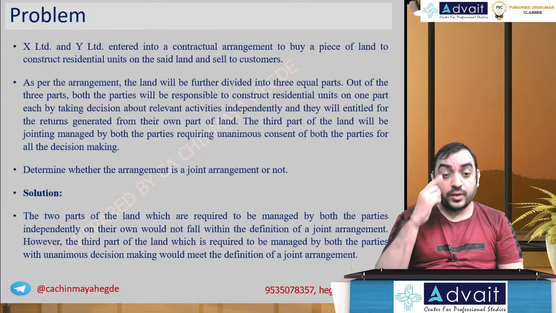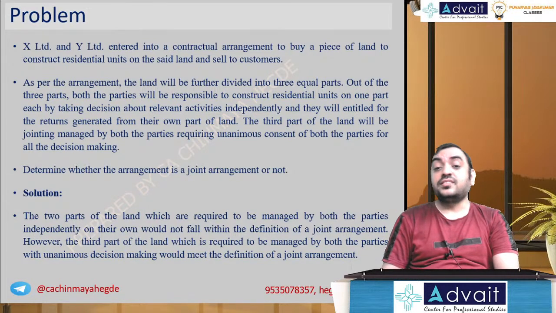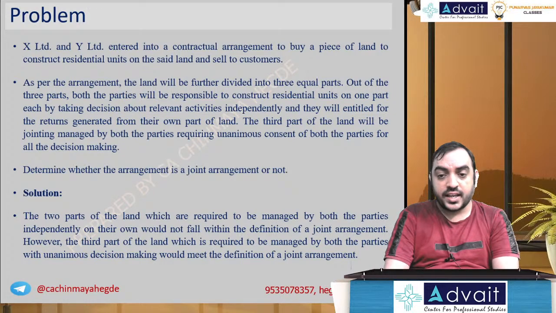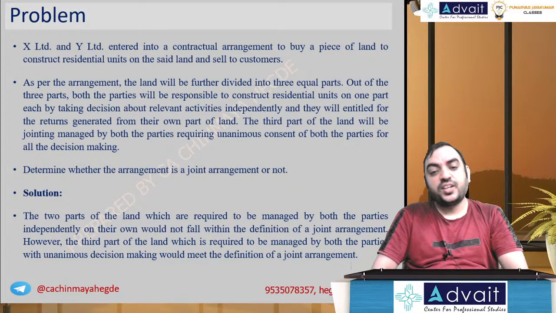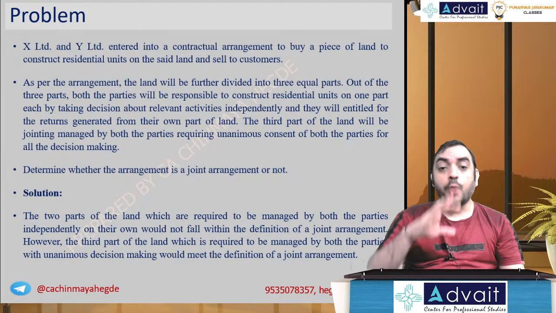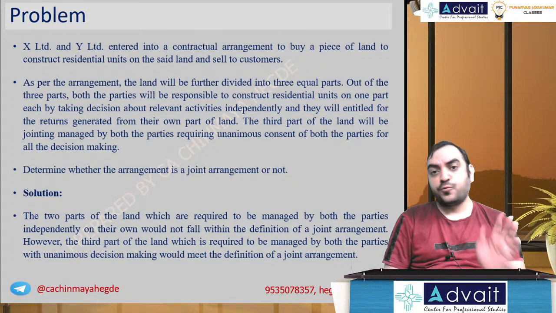The third part of the land will be jointly managed by both parties, requiring unanimous consent of both for decision making. Determine whether the arrangement is a joint arrangement or not. Okay, this is a combination problem. We have to answer accordingly.